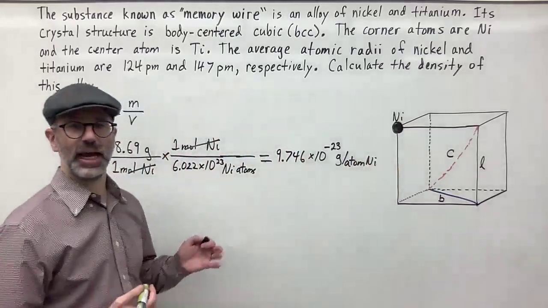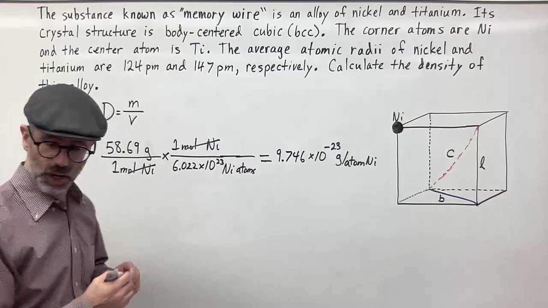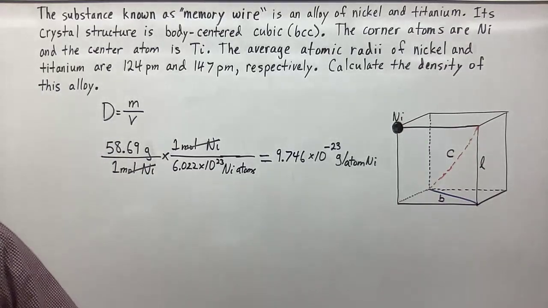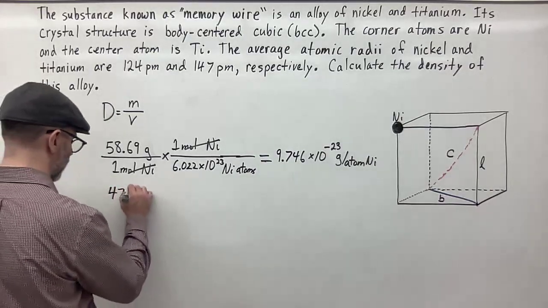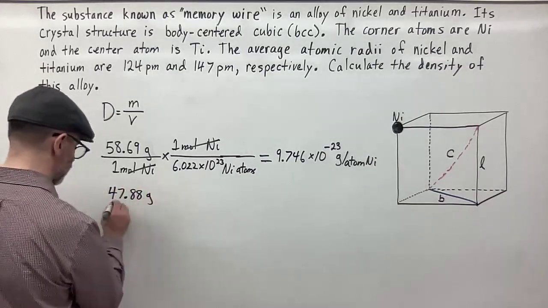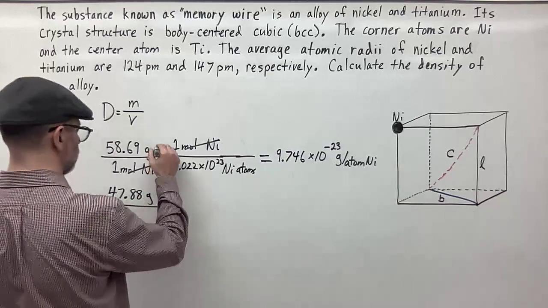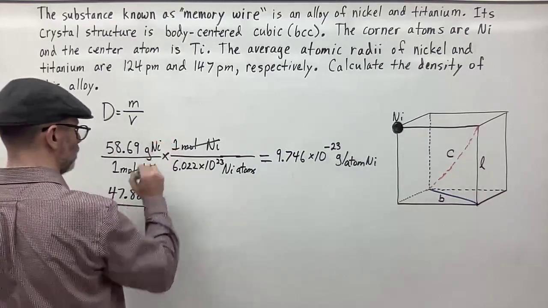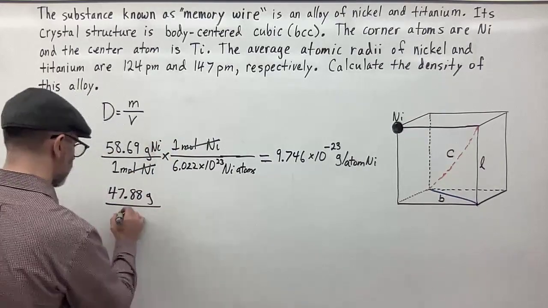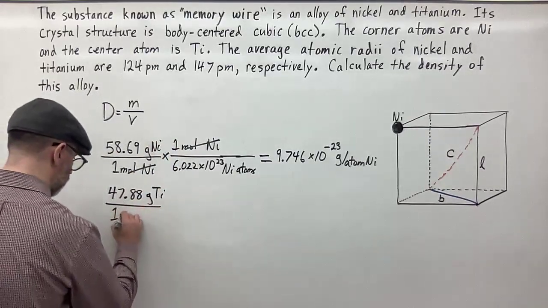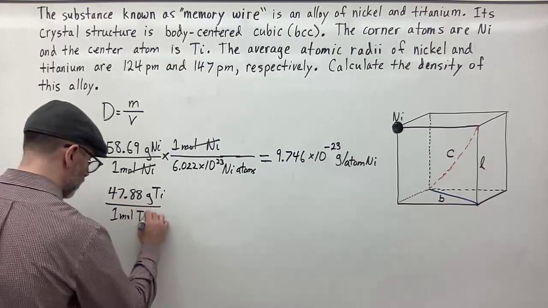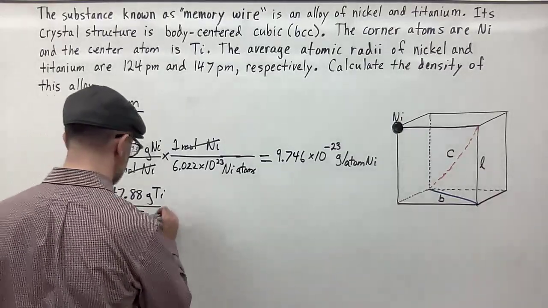And then I can do the same thing with titanium. I look up the molar mass of titanium, that's 47.88 grams of titanium per 1 mole of titanium.